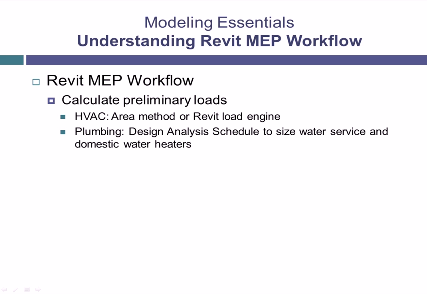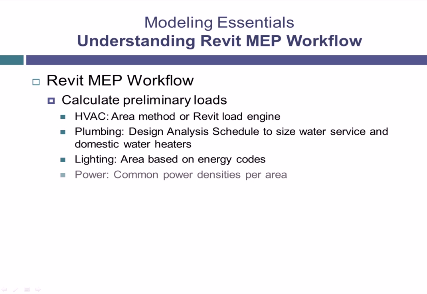An estimate can be made for fire protection based on square footage as well. For lighting, preliminary loads are often dictated by energy codes in a maximum density per area. Rules of thumb for power densities are common for power load calculations as well.